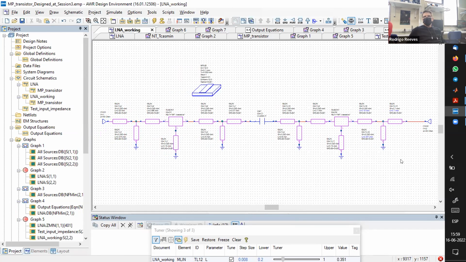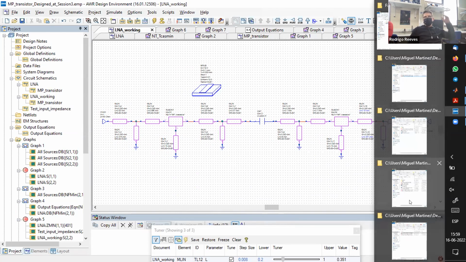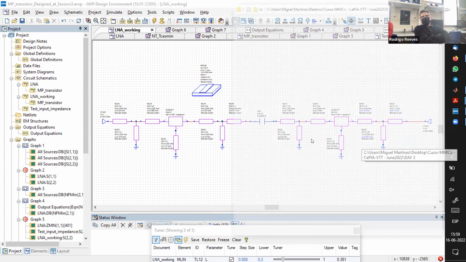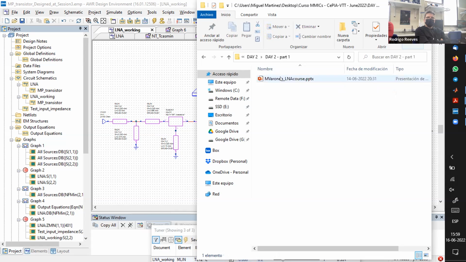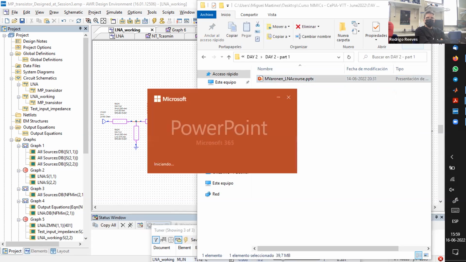So now I would add, let's say, 2 picofarad capacitors on each of the matching stubs that you have. My guess is that 2 picofarad is appropriately large for 40 gigahertz operation. You can check it from there.